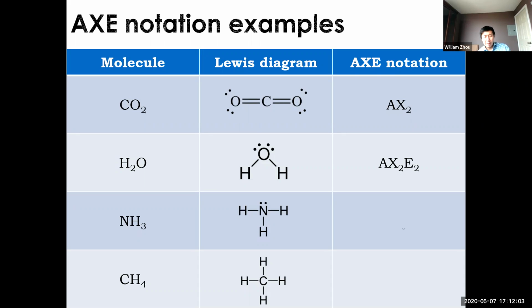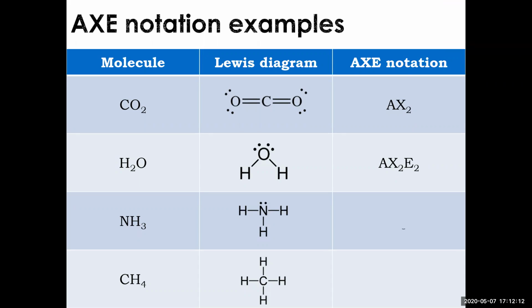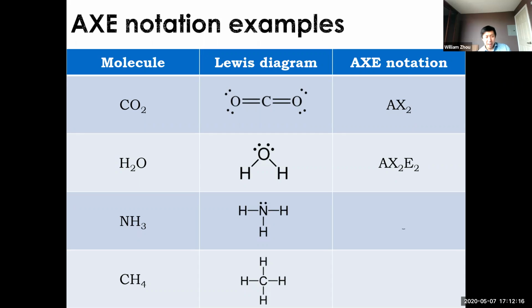So can somebody tell me what the AX notation is for ammonia? AX3E. Yeah, AX3E. Because the nitrogen has 3 bonds with 3 hydrogens, so X3, 1 lone pair, you write the E. You do not need to write E1, although you could put a 1 there, but no, E is enough.